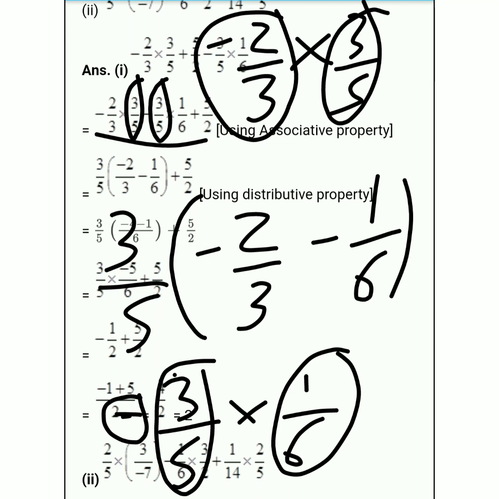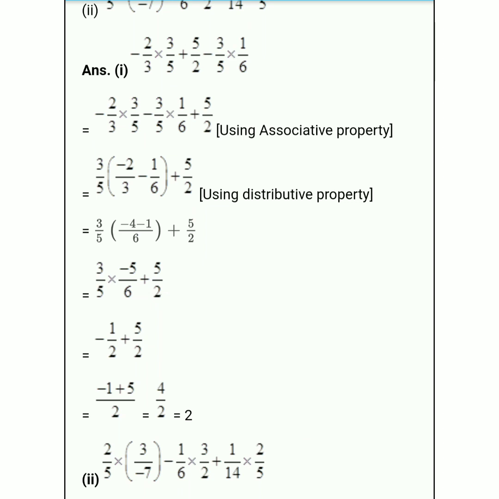So we can write like this: 3 by 5 I take as common. In the first term minus 2 by 3 remains, and in the second term minus 1 by 6 remains, because 3 upon 5 we take as common. So 3 by 5 is common, then in the bracket minus 2 by 3 minus 1 by 6, and our third term remains as it is, plus 5 by 2.